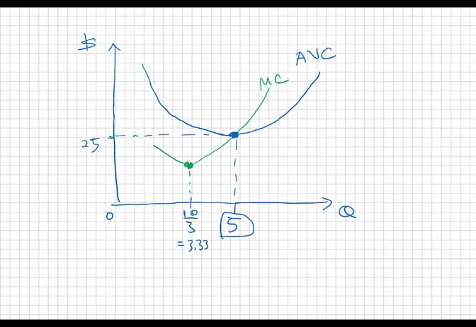We just confirmed that when quantity Q equals 5, both values of marginal cost and average variable cost are the same at 25. This graph demonstrates that marginal cost cuts through the bottom, or the minimum, of average variable cost. Of course, this graph is depicted in the slide or the textbook as figure 6.2.